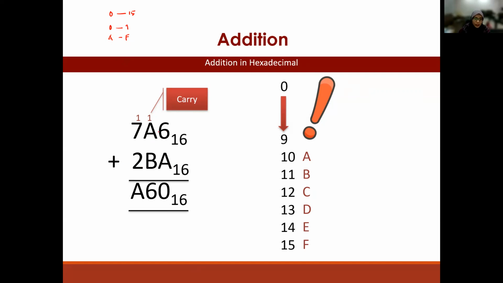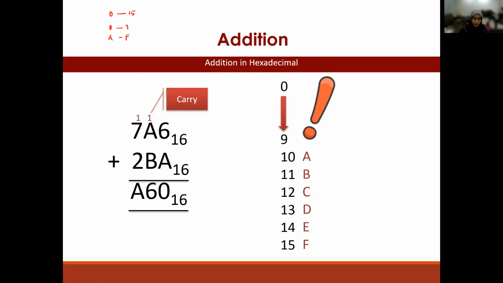We know that 6 plus A, which is 10, so 6 plus 10 equal to 16. 16 minus the base, and the base is 16, so 16 minus 16 equal to 0. So we have 1 carry.